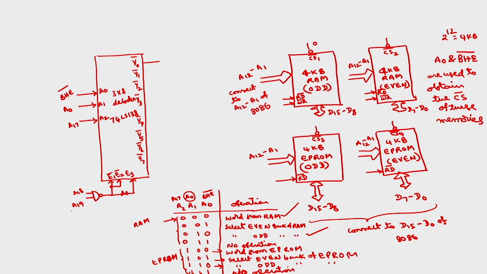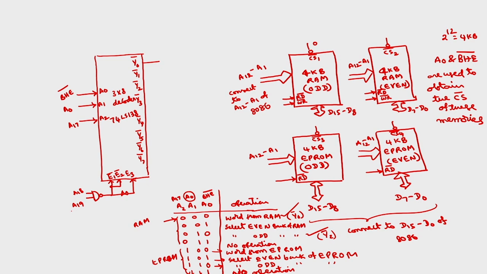So in the first combination, which of the output will be selected? Y0 bar. This is Y0 bar and this is Y2 bar. So whenever either Y0 bar is 0 or Y2 bar is 0, then CS1 of the first 4K RAM odd has to be 0. Okay.